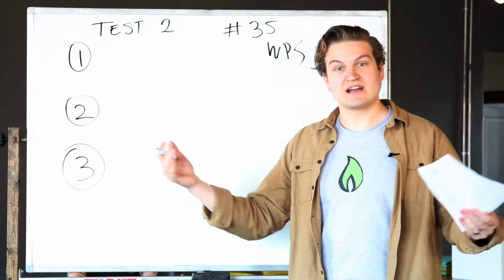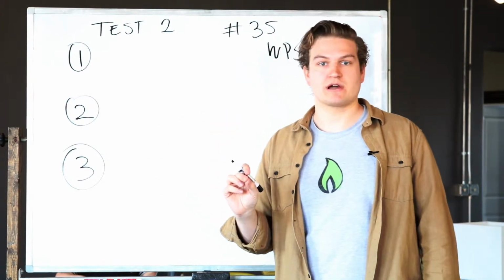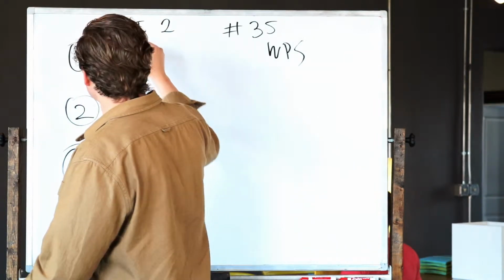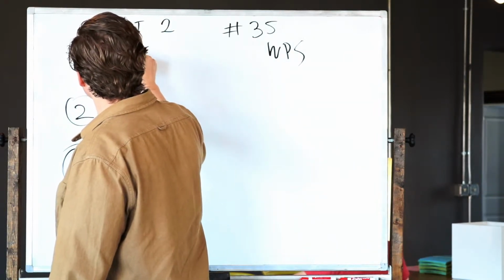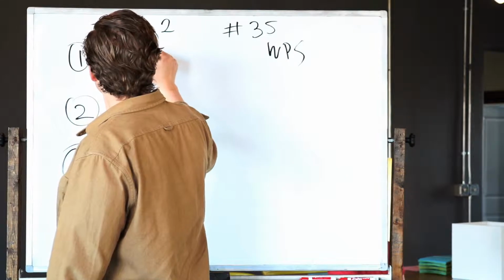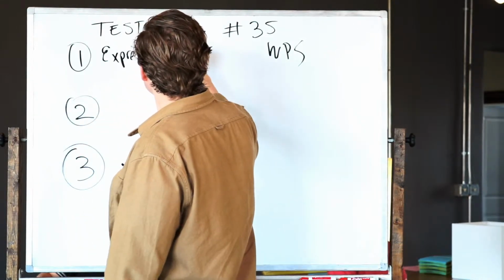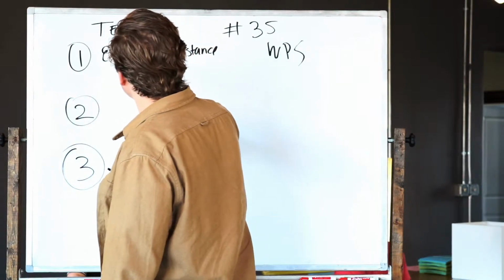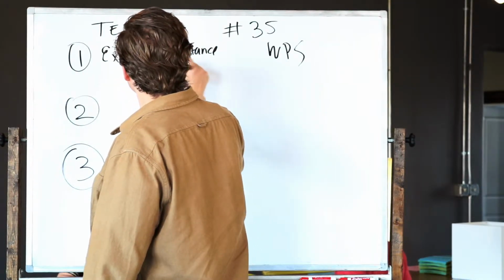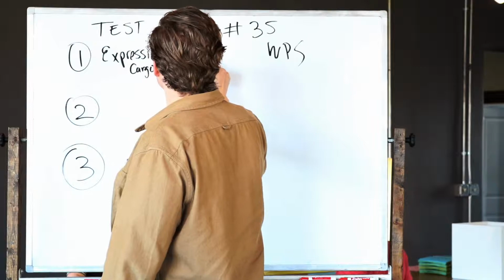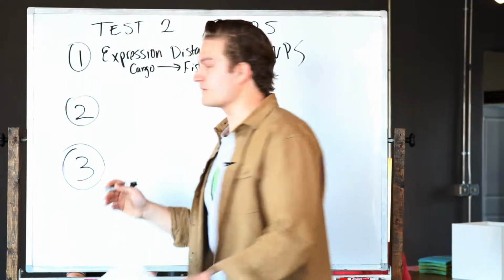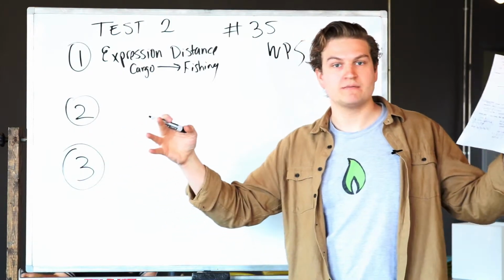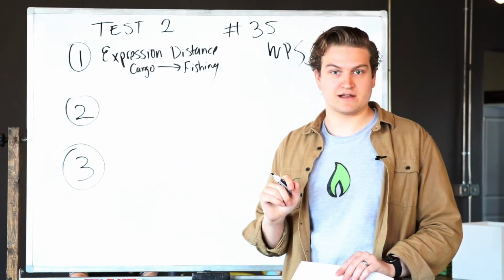But down at the very end of that paragraph, we are trying to find the expression for the distance from the cargo ship to the fishing boat. We are looking for an expression that tells us how far apart the cargo ship and the fishing boat are.